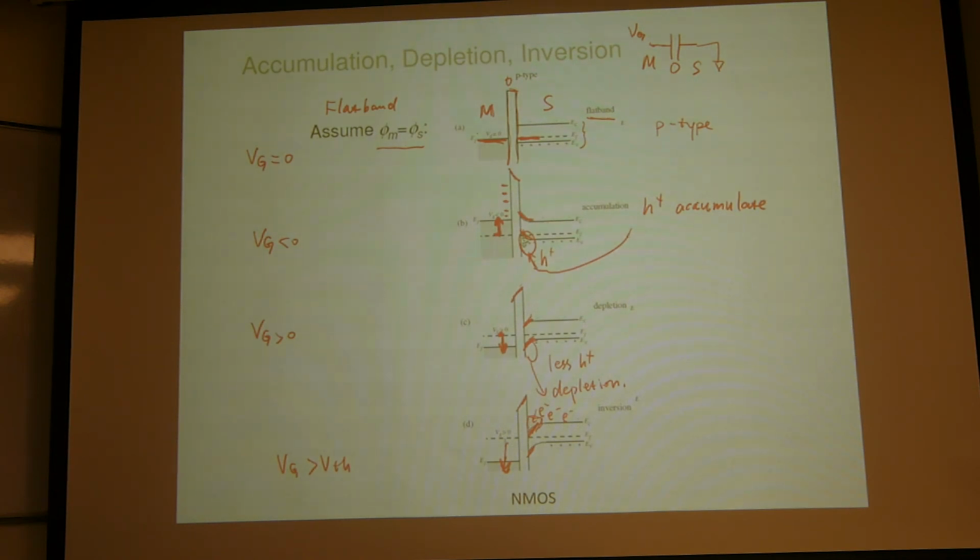This is inversion, because you need to balance the positive charge from the positive gate voltage here. This is inversion. So any questions? This is how you understand this process through the band diagram.